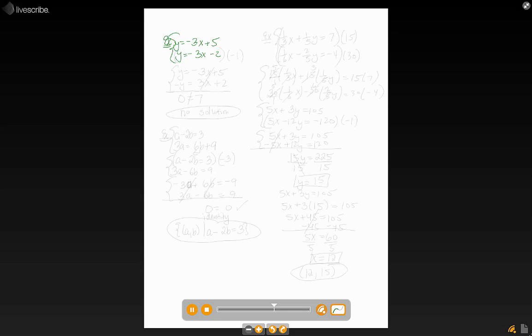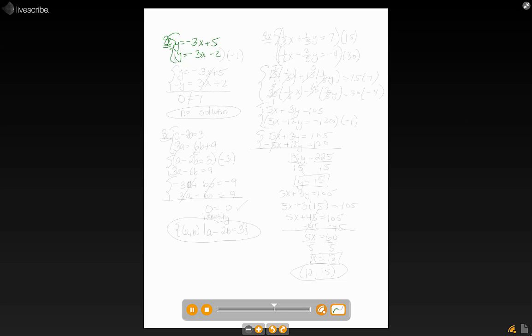We want to make it so that the coefficients on either a or b are opposite. For example, look at the coefficients on a, 1 and 3. What could I multiply the first equation through by to make it the opposite of 3? -3. So I'll multiply the entire equation by -3. That changes all the signs when you multiply by a negative.